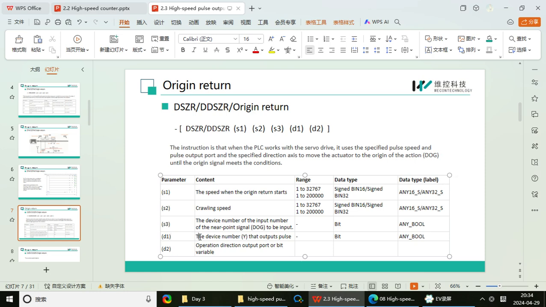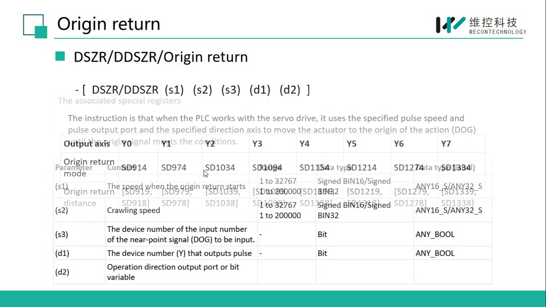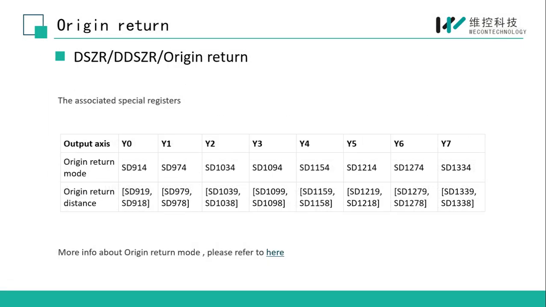The fourth is the device number Y, the pulse output. And the last one is the directional output port. Here are some related special registers. They are about the origin return mode and the origin return distance.